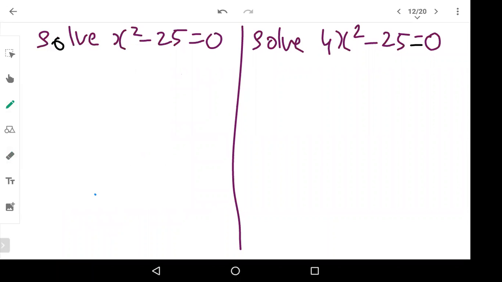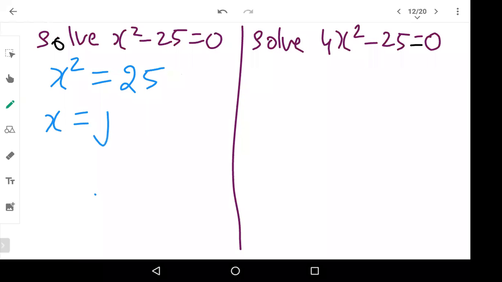So firstly it says solve x square minus 25 is equal to 0. This is a very simple problem, as you have all solved it. x square is equal to 25, as the minus 25 goes to the other side and becomes plus 25. Then x is equal to the square root of 25. And what is the square root of 25?